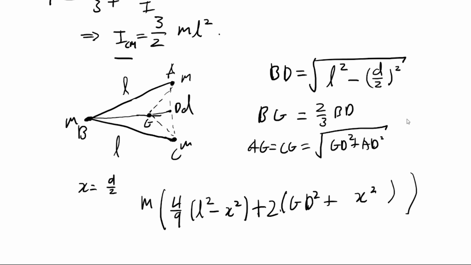And we know GD is equal to 1/3 of BD. So we can rewrite this part as 1/9 times L squared minus X squared.